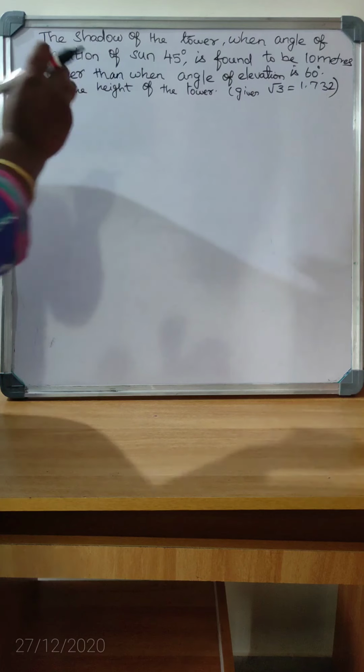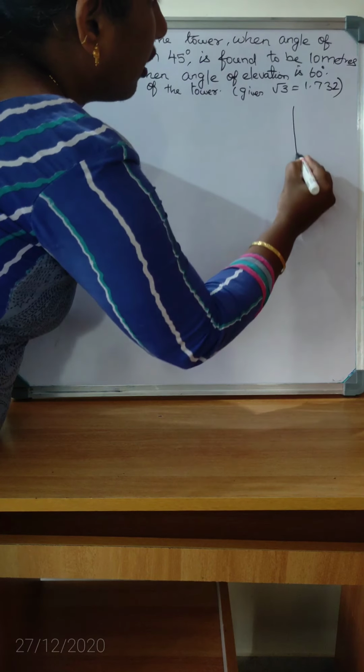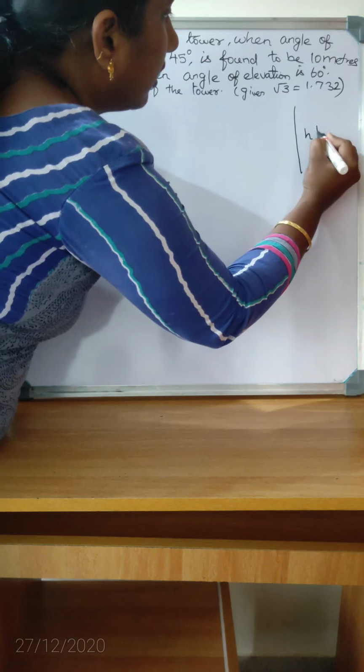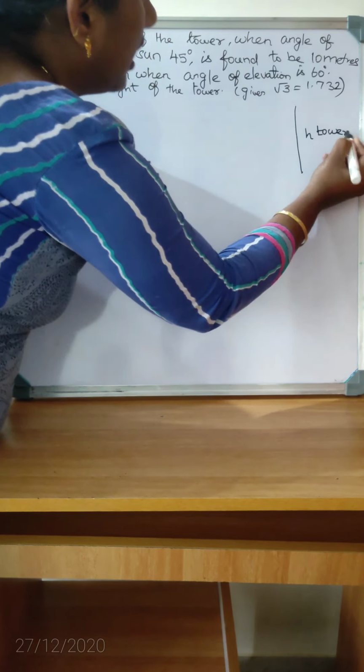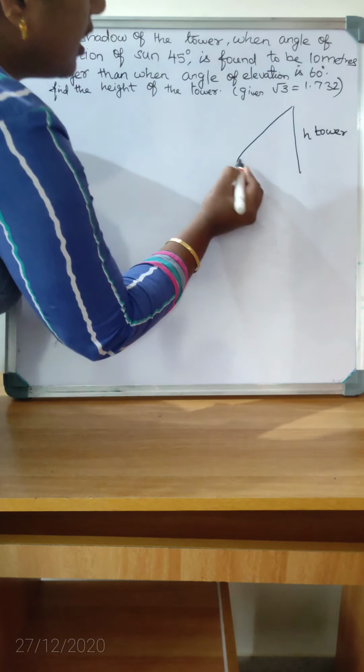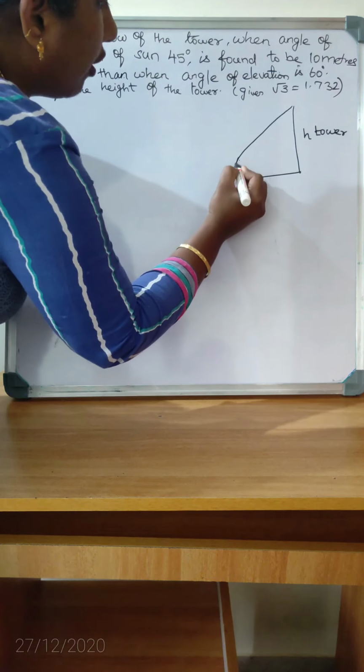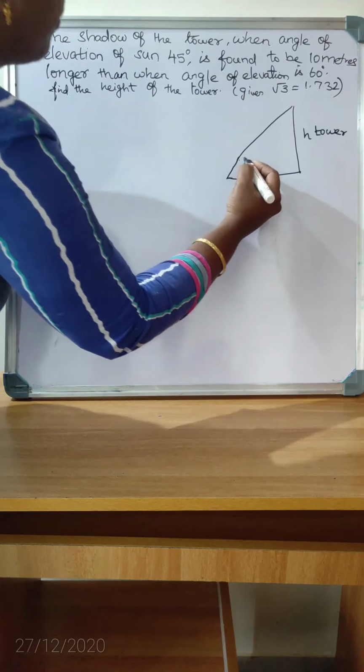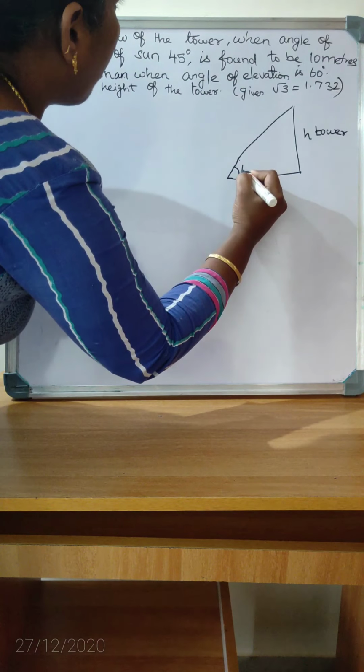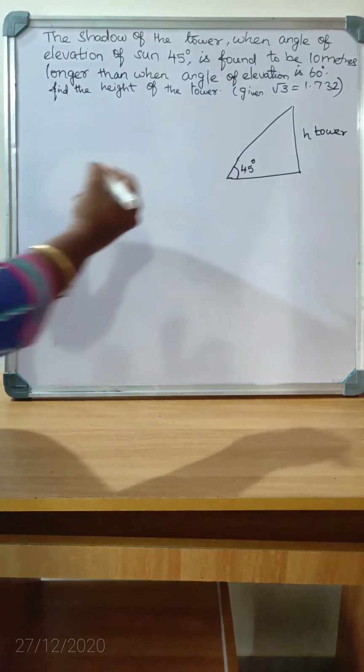First, this is the height of the tower. This is my tower, and we know that the shadow always falls on the floor. So this elevation is 45 degrees.